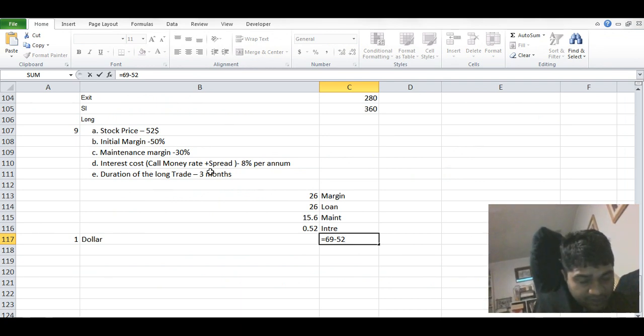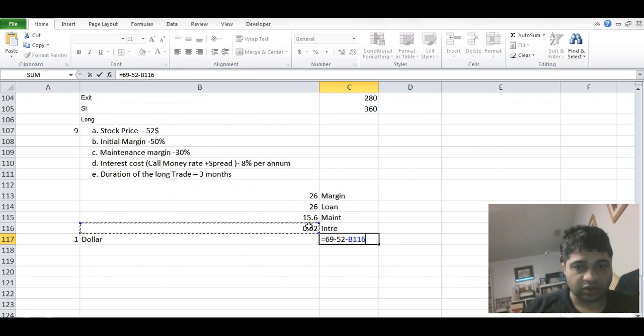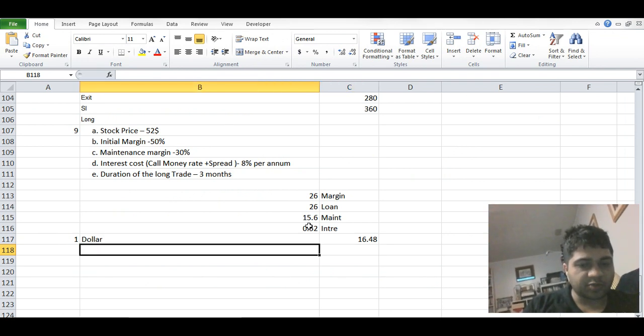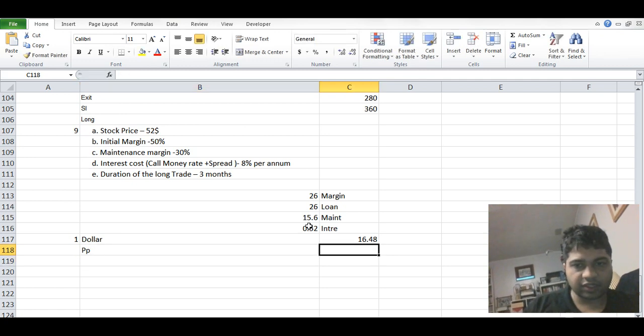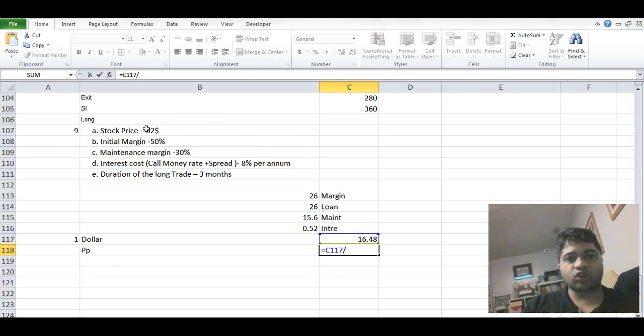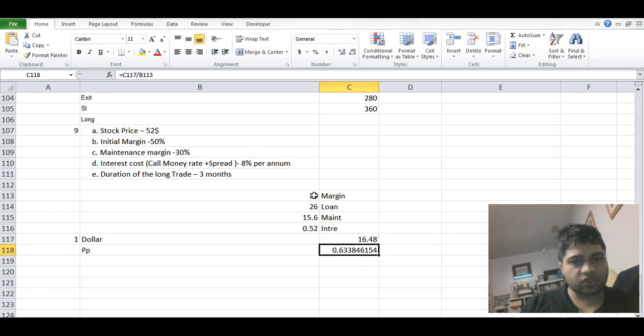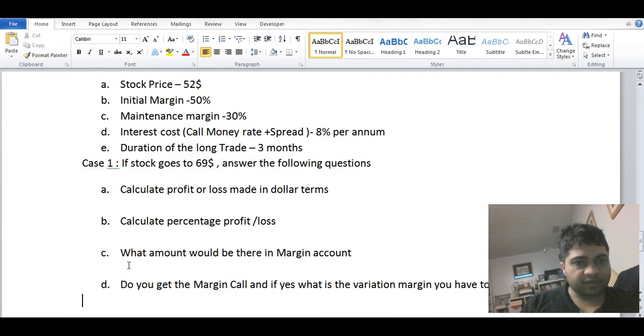You have made a profit, minus the interest. This is the dollar profit, 16.48. Then percentage profit will be dollar profit divided by invested amount. How much did you invest? You did not put $52, you invested only $26. So 63% is the percentage profit.